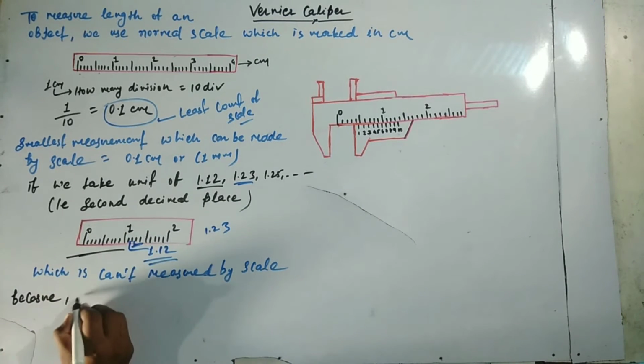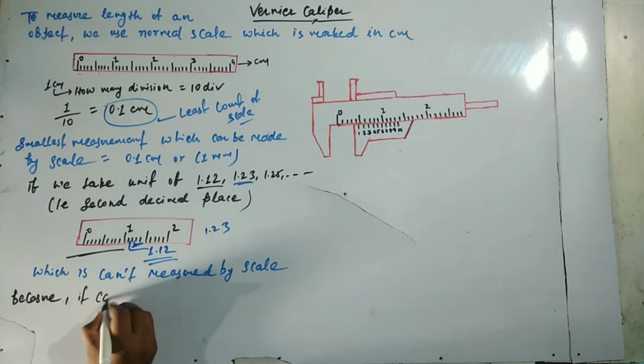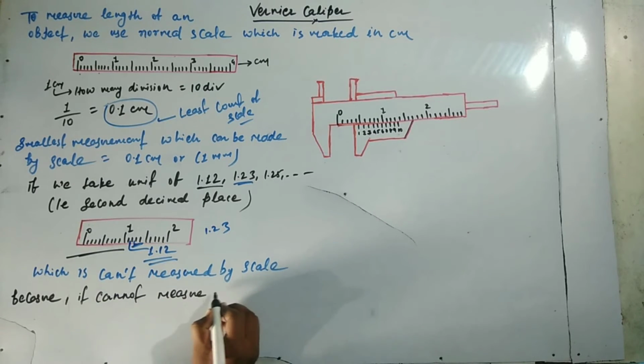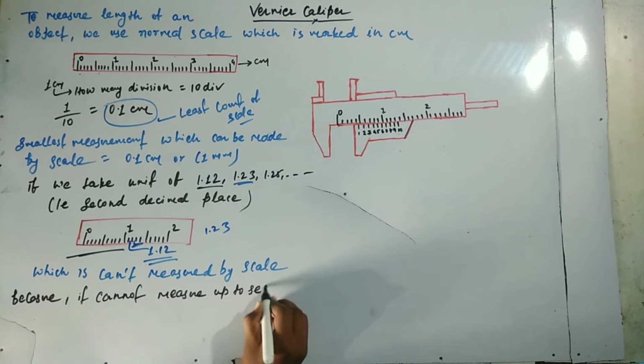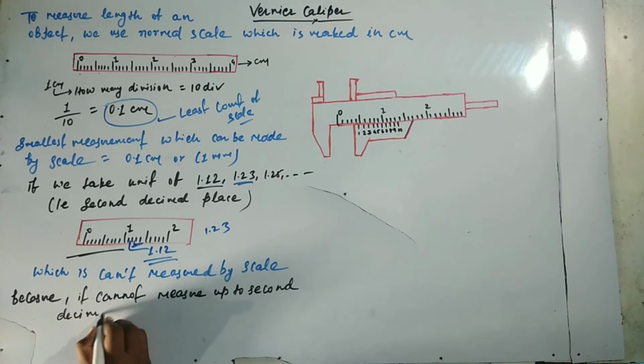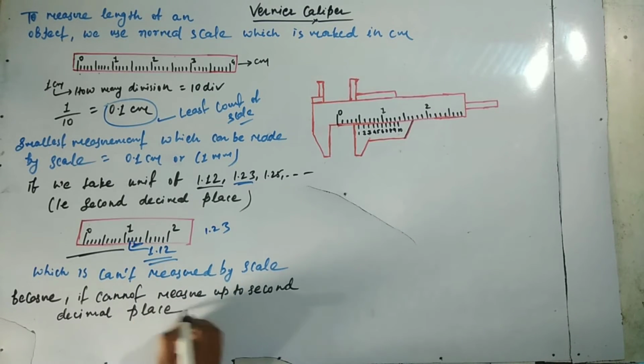Because the scale cannot measure up to the second decimal place, for measurement of the second decimal place we use the Vernier scale. To give precision up to the second decimal place, we use the Vernier caliper.